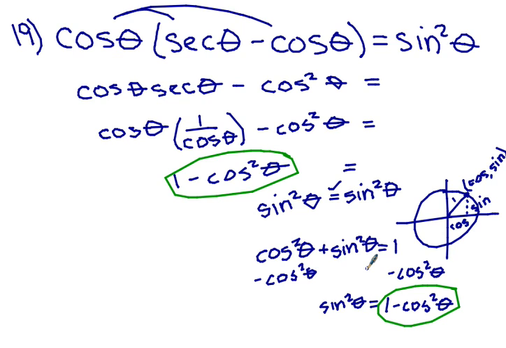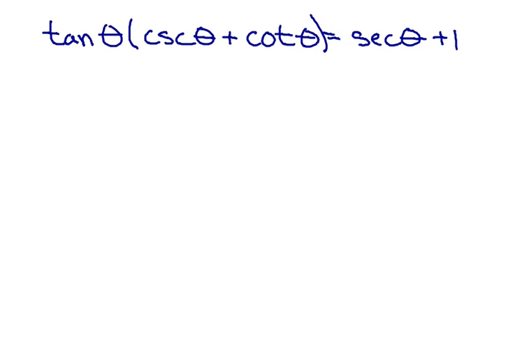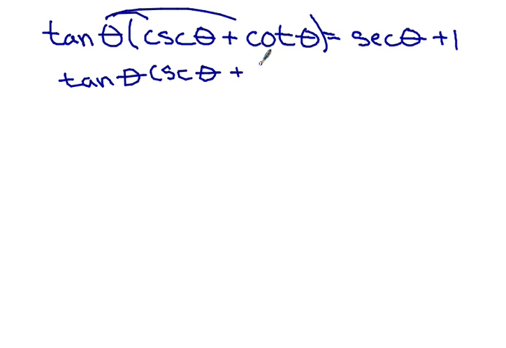So if we were to look at another example from last night, like 23, this one, similar approach, we'll start by distributing. So we end up with tangent times cosecant and tangent times cotangent.